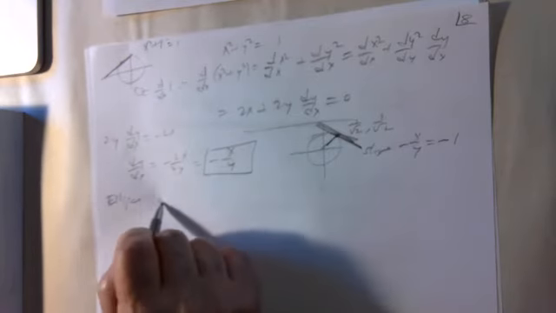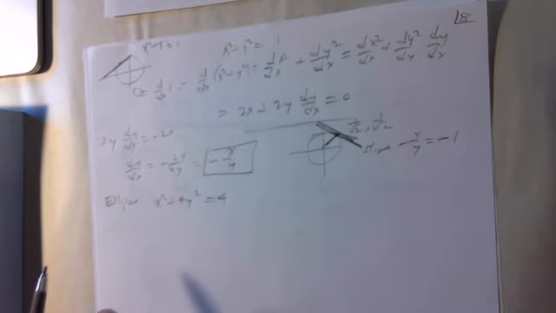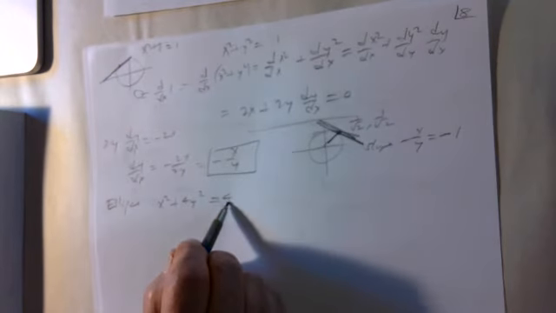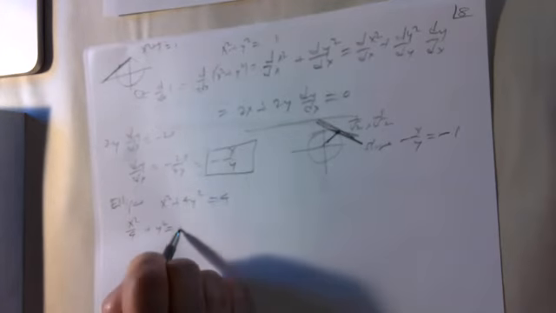Suppose we have the ellipse x squared plus 4y squared equals 4. If you want to put this in the more standard form with a 1 on the right, you have x squared over 4 plus y squared equals 1, or x over 2 squared plus y squared equals 1.